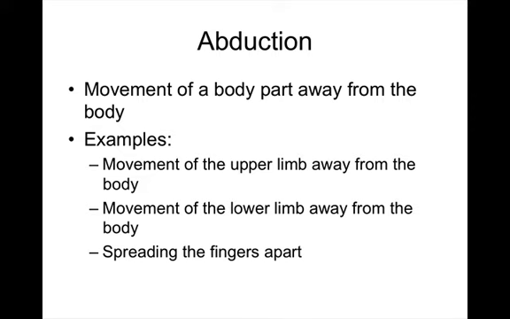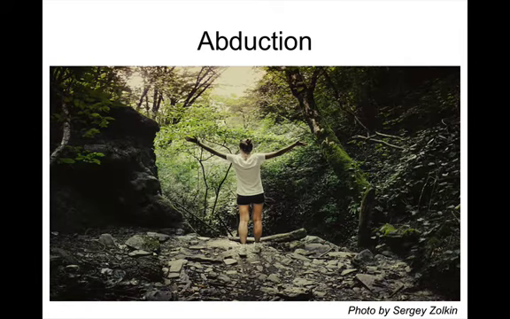You may have heard of the muscle called deltoid, and the deltoid muscle attaches to the proximal part or midway of our humerus, and when it contracts, it's pulling our humerus away from midline, which is known as abduction. There is abduction, pulling the arm away from midline.